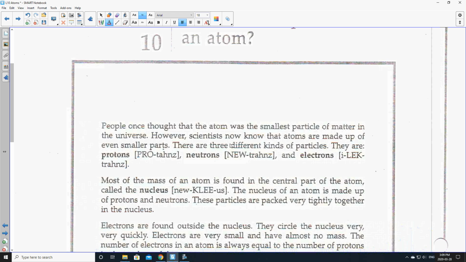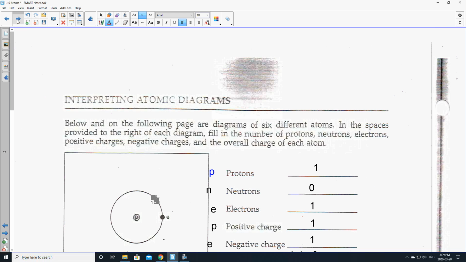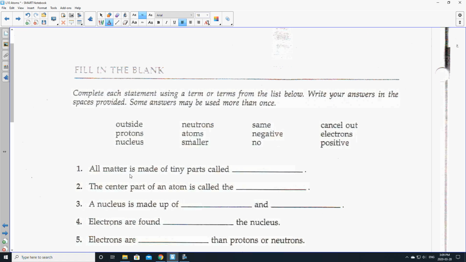But I think the atoms are actually still a very small part. So all matter is made up of tiny parts called, the first word is actually atoms. All matter is made up of atoms.